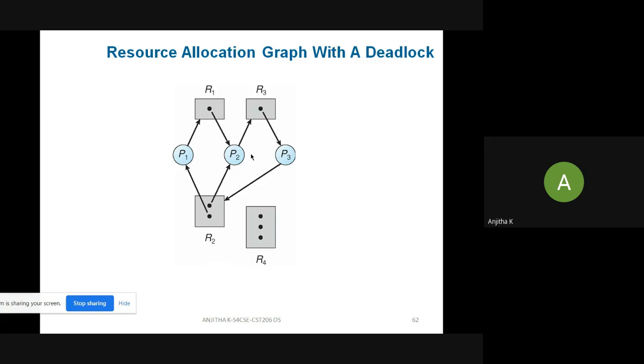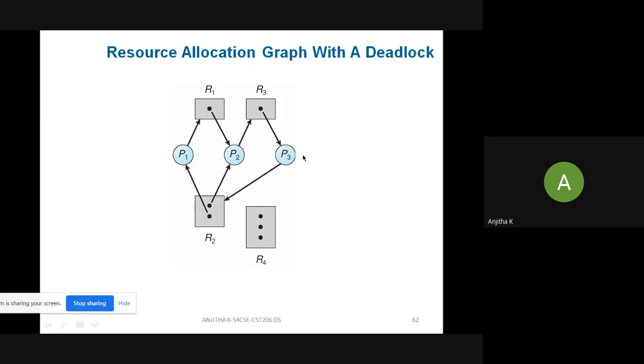How? Here, the resource is not available for P3, so P3 goes to the waiting state. Also P1 has R2, but P1 is requesting R1, and R1 is not available because R1 is held by P2. Okay, then P2 is requesting R3. Okay, but R3 is not available. R3 is held by P3, and P3 is requesting R2 also, but R2 is not available.